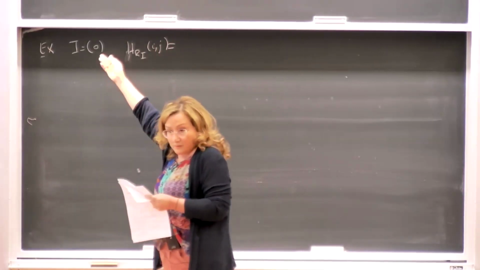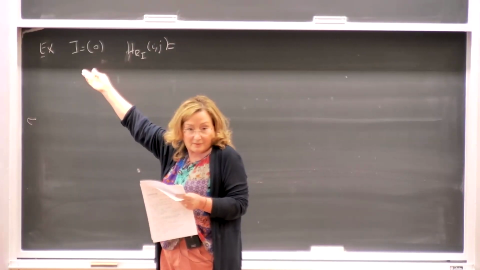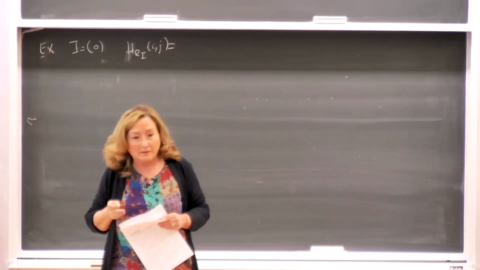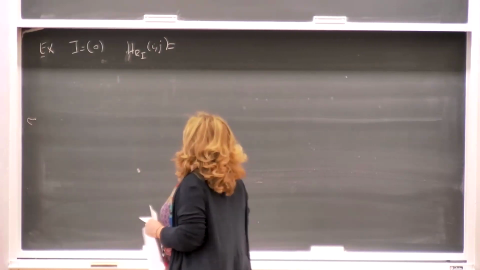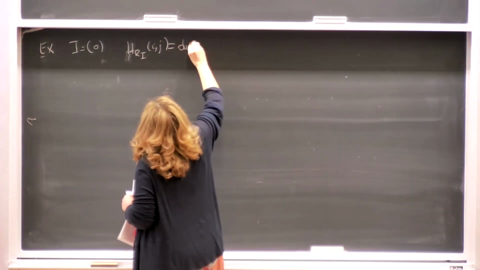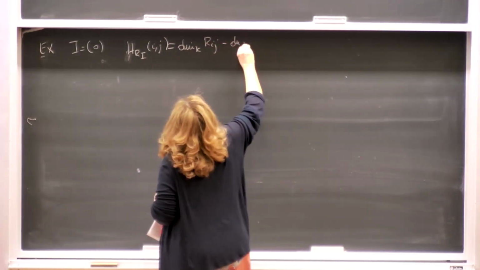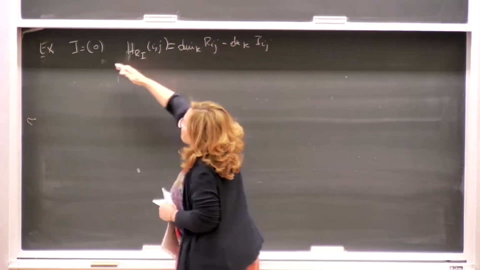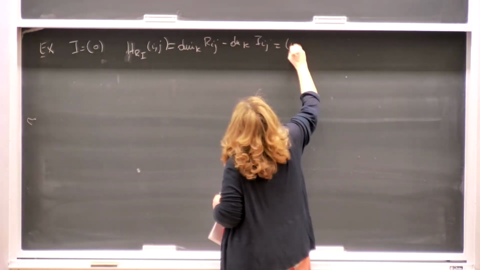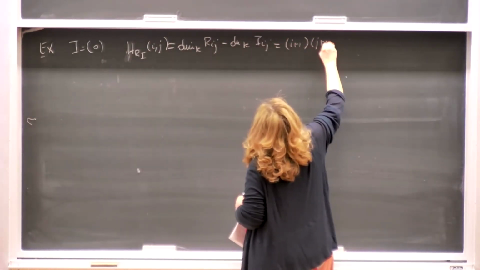Yes, it's just the dimension of Rij minus the dimension of I. This has nothing, so it's just (i plus 1) times (j plus 1).